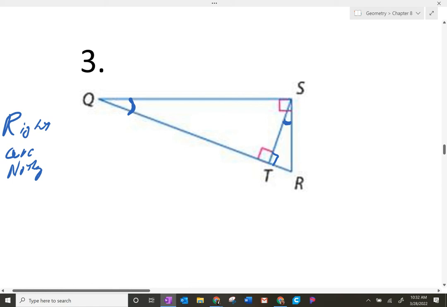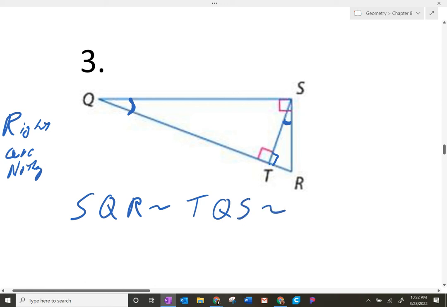My big one, I'm going to start with my right angle, so it would be S to Q to R. That's my big triangle. My next one, my medium-sized triangle, I'm going to start with my right angle, so it's T. It goes to the arc, Q, and then to the side that does not have an arc at all, so it'll be S.